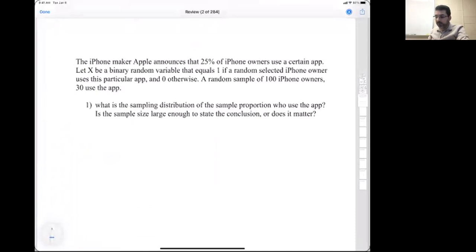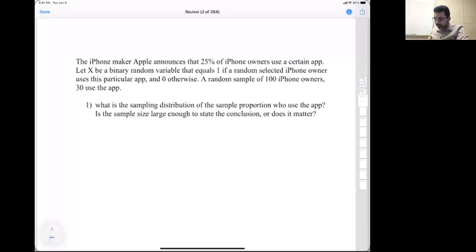Let X be a binary random variable that equals 1 if a randomly selected iPhone owner uses this particular app and 0 otherwise. A random sample of 100 iPhone owners is taken, and it's found that 30 of them use the app.